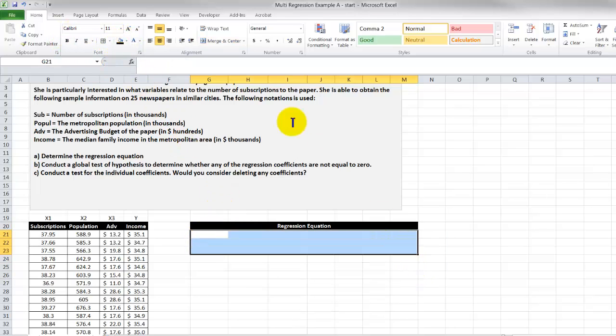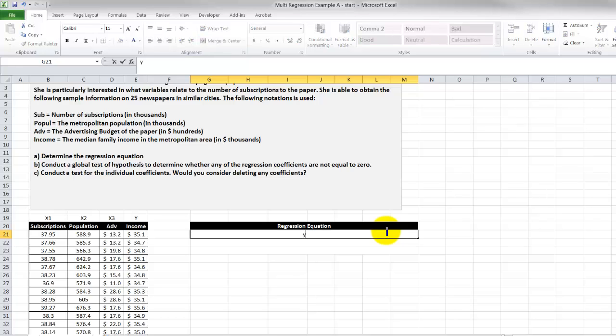Okay, so what we have here is an extension of just regression analysis. In regression analysis, we have y equals a plus b times x, in other words. Well, here what we actually have is a set of three x's. So actually we have b1 times x1. We also have b2 times x2 plus b3 times x3.